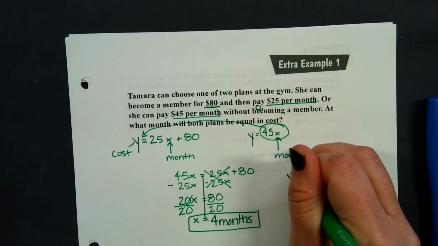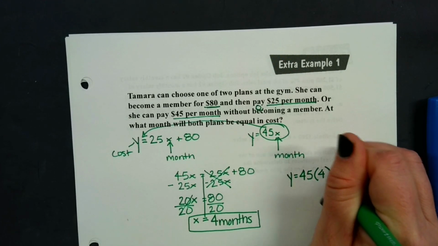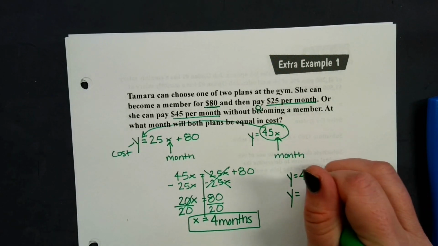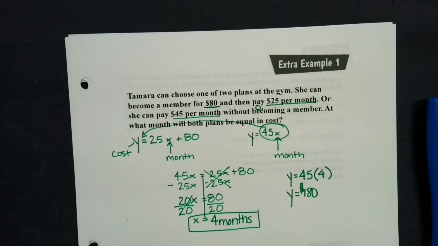If I want to know how much that is, I'm going to put 4 in for x and solve it. What is 45 times 4? $180. So in 4 months, she will have spent $180 at the gym, and it will cost the same.